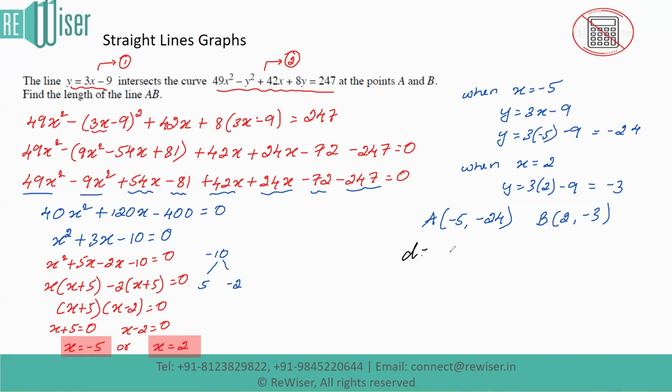The formula for the distance between any two points is the square root of (x2 minus x1) whole squared plus (y2 minus y1) whole squared.